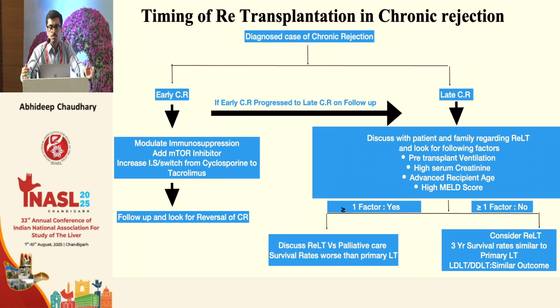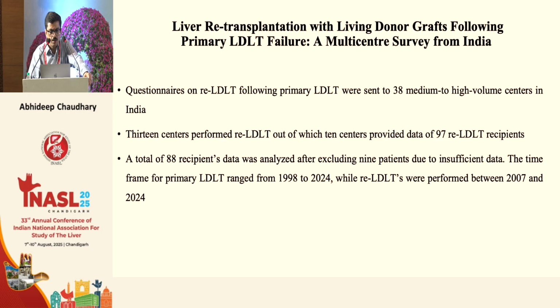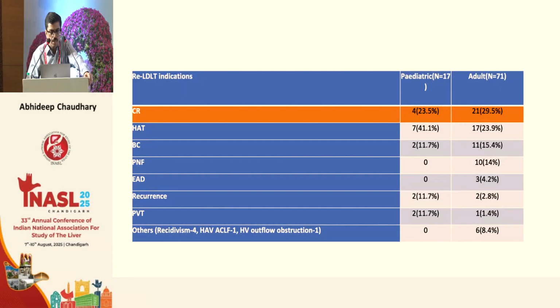So we actually collected the Indian data on retransplant. We contacted around 38 centers and got data from 26 centers. We looked at the data of around 97 re-LDLT, particularly LDLT after LDLT scenarios.